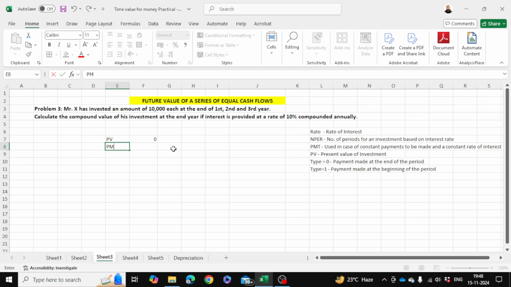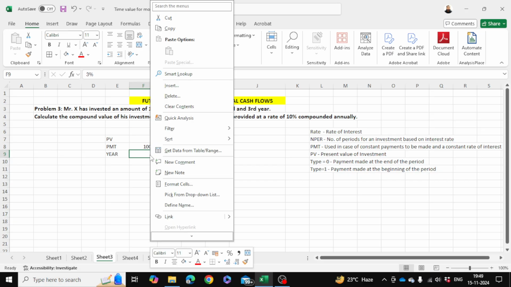So you can write down PMT, constant payments are made, so you can take 10,000 rupees. Okay, over a period of time. Then years it is given, right? Years it is 3 years. Just as I'm writing down 3, it shows 3% because the formatting of this cell is not okay.